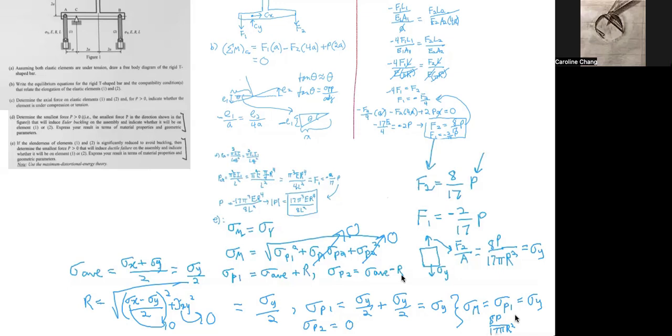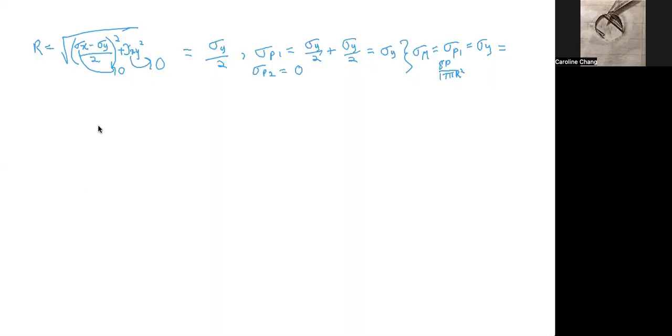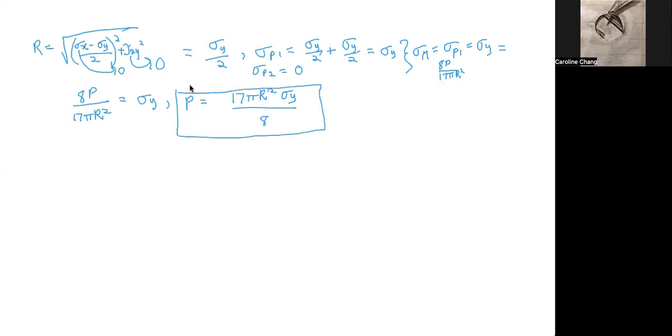Solving for P, since 8P over 17 pi r squared equals sigma y, P equals 17 pi r squared sigma y over 8. And that is our final answer for this part of the problem.